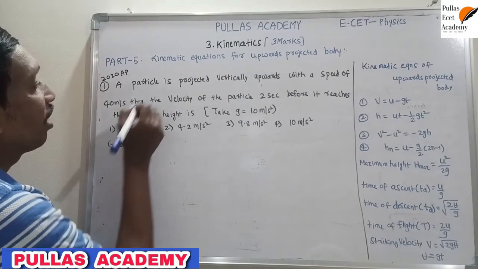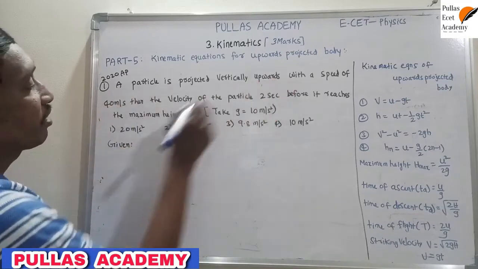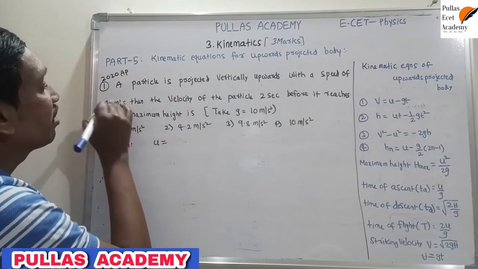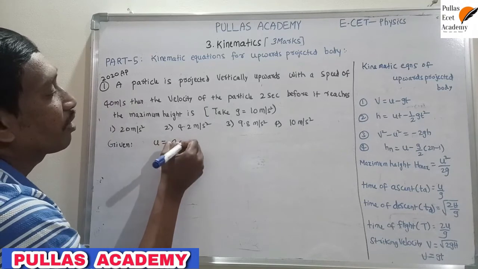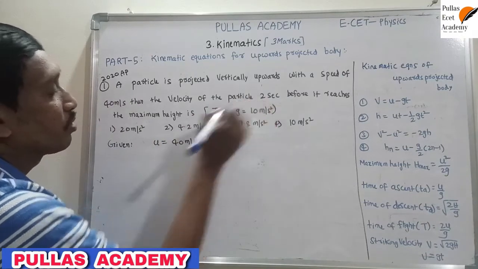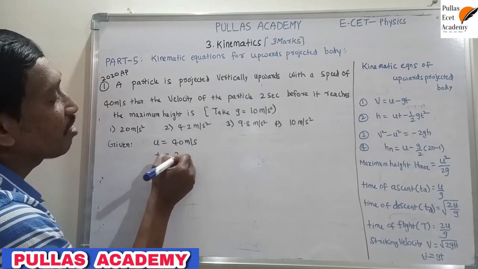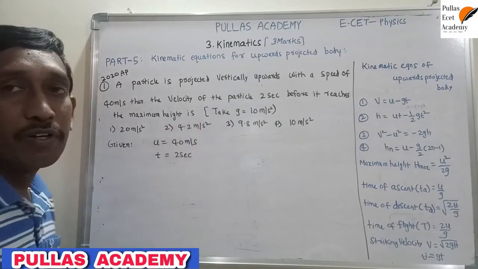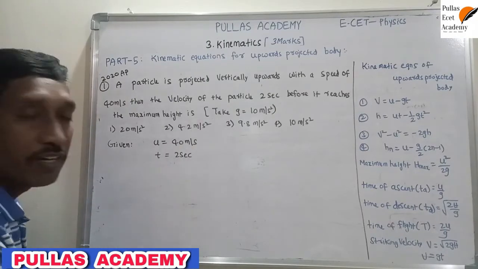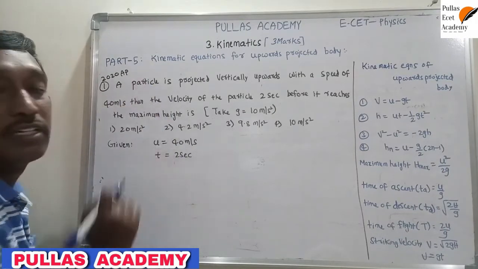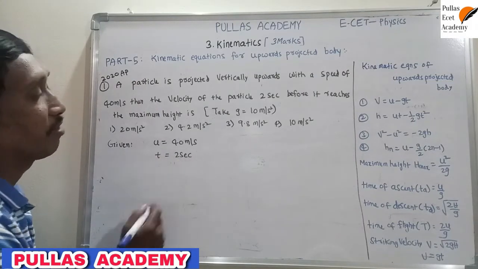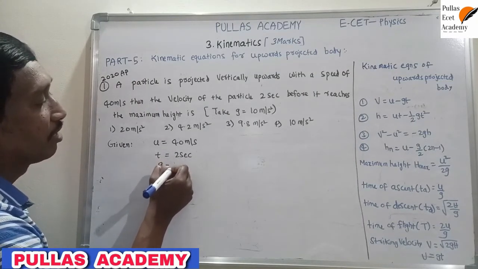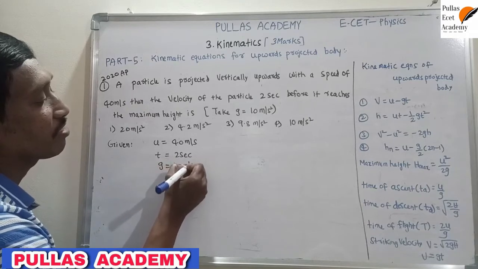So here the given values are: it is projected with this velocity, that means the initial velocity is given as 40 meter per second. The velocity is asked 2 seconds before reaching the maximum height, that means while moving upwards, and small g is given as 10 meter per second square.